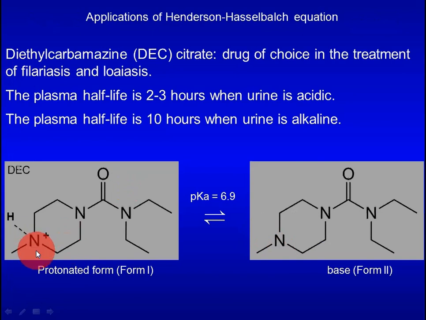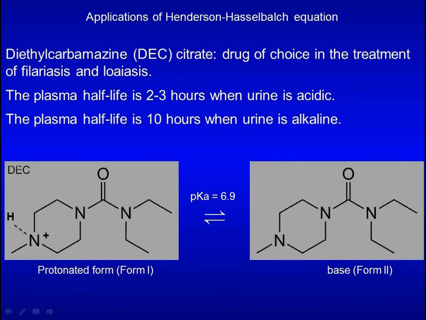If we designate the charged form as form 1 and the base as form 2, form 2 can be better reabsorbed in the renal tubule than form 1 because form 2 carries no charge. The charge present in form 1 makes it difficult to cross the cell membrane.